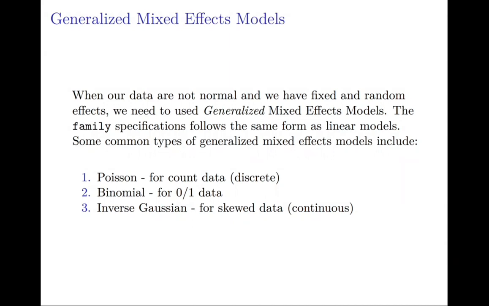To remind you, some common types of generalized mixed effects models include, but are not limited to, Poisson models, which are used for count data with a discrete distribution. There are also binomial options for 0-1 data, and inverse Gaussian if you have skewed data, but it's continuous.